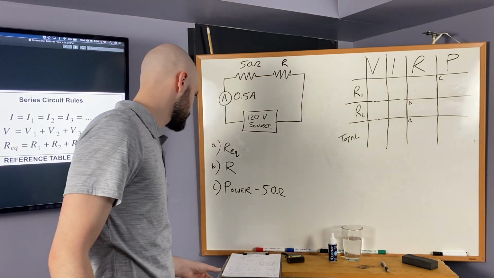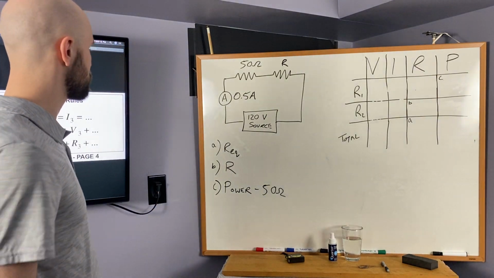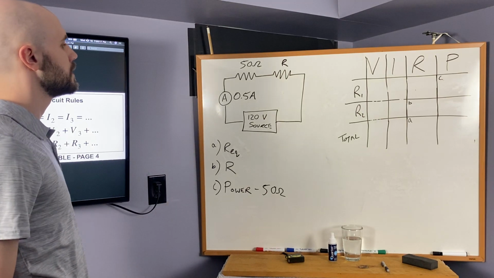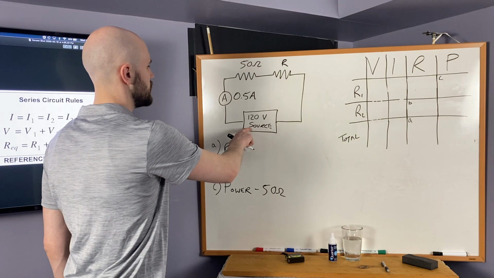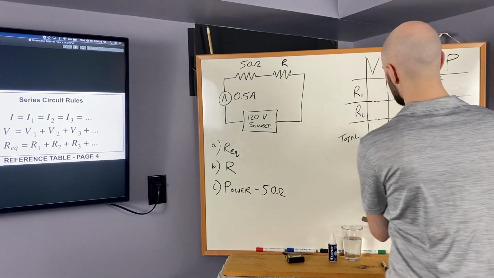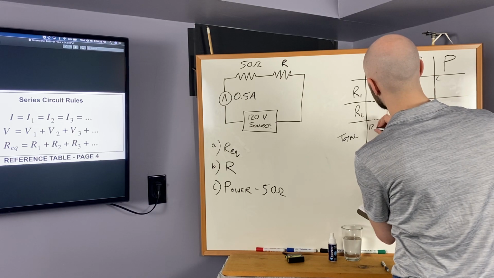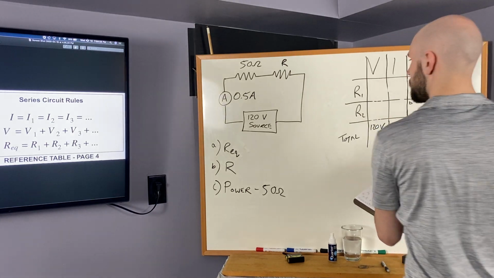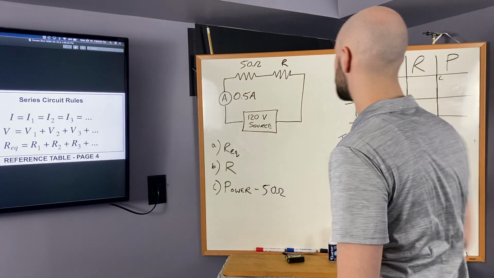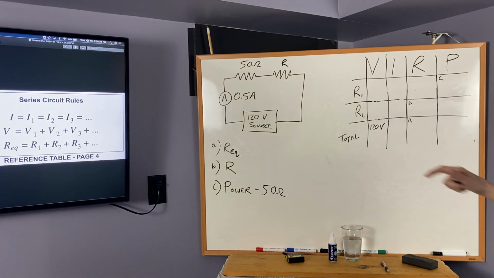All right. So, first thing, let's look to see what's given. Well, this little box here says we have a 120 volt source. That's the total voltage across the entire circuit. There's a potential difference here. We also know the current.